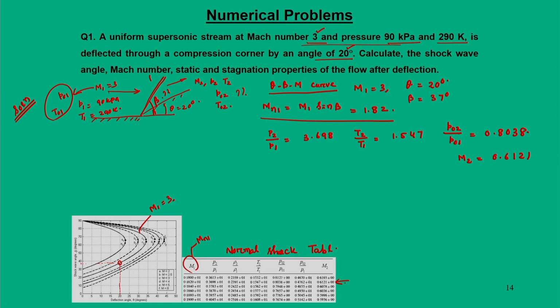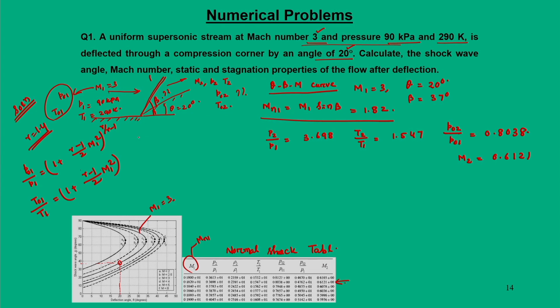Of course, we also require the stagnation conditions. For the stagnation condition you have to refer to the relation P01 by P1 equals 1 plus gamma minus 1 by 2 M1 squared, to the power gamma by gamma minus 1, and T01 by T1 equals 1 plus gamma minus 1 by 2 M1 squared. We have M1 and gamma is 1.4.